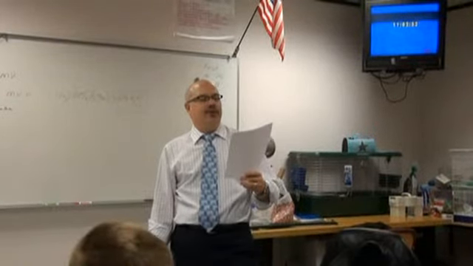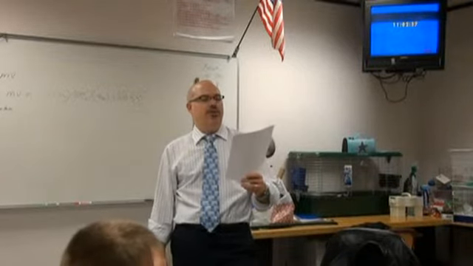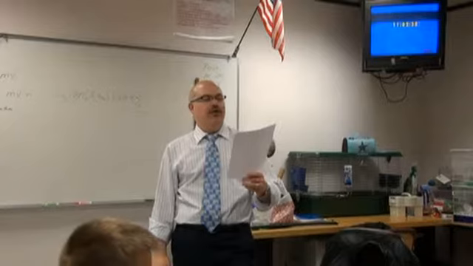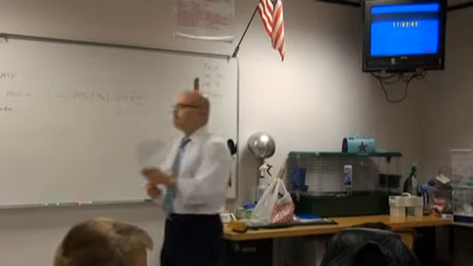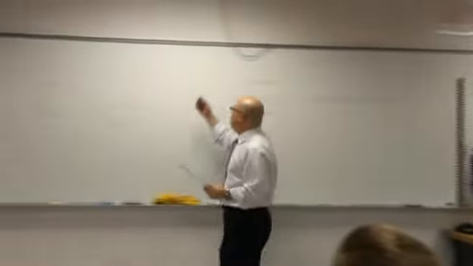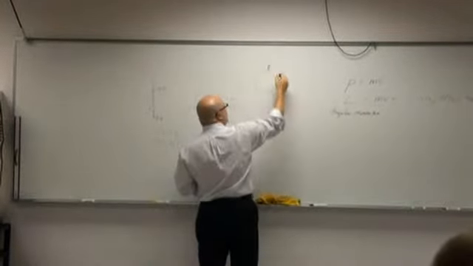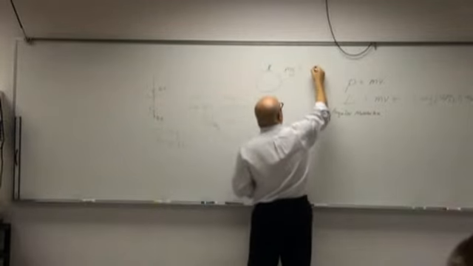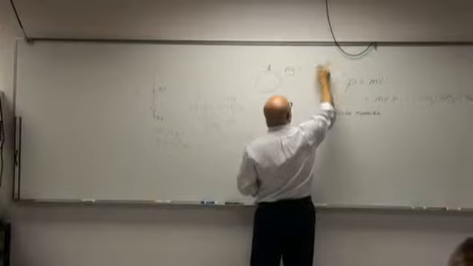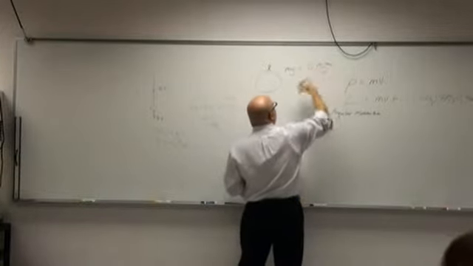All right, 66. A person weighing 800 newtons on Earth travels to another planet of twice the mass and twice the radius. The person's weight on the other planet is most nearly. Okay, don't forget how to do this. On a planet, all right, your weight equals mg. And this is the weight of the person leaving the weight of the planet behind.